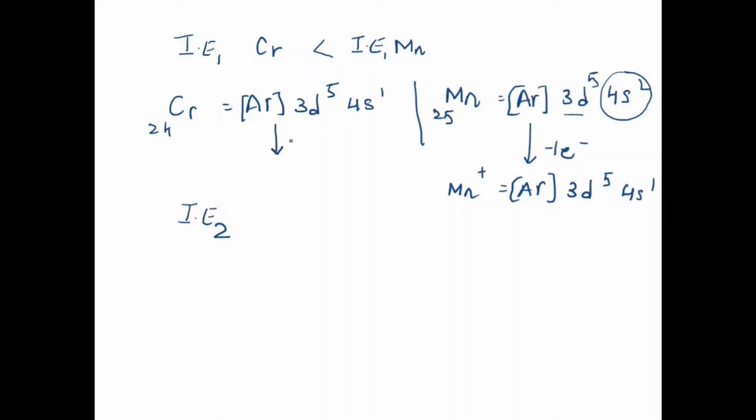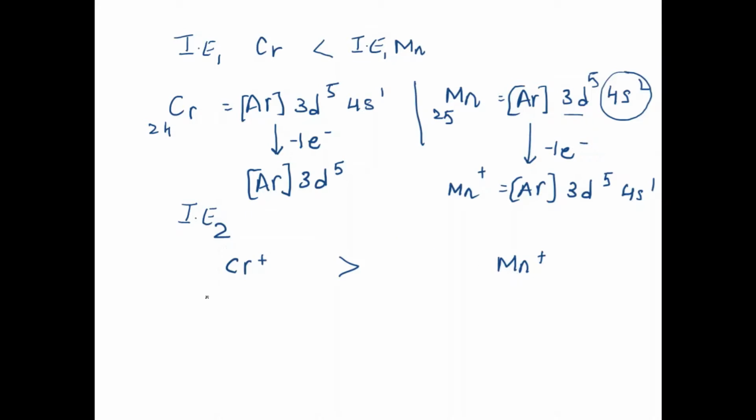If I talk about chromium, when one electron is removed, the configuration shall be argon 3d5. Now for the second ionization energy, we have to remove one more electron from the outermost shell of the chromium ion and the manganese ion. So definitely ionization energy 2 of chromium will be greater than ionization energy 2 of manganese.